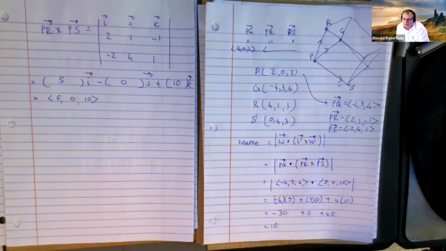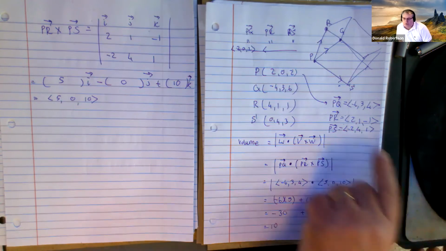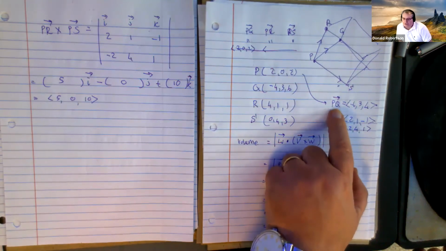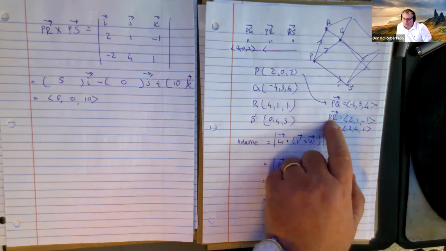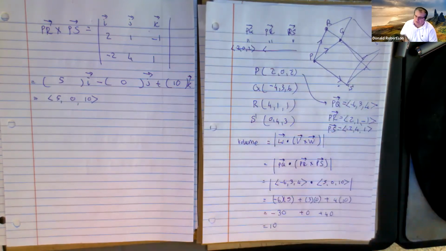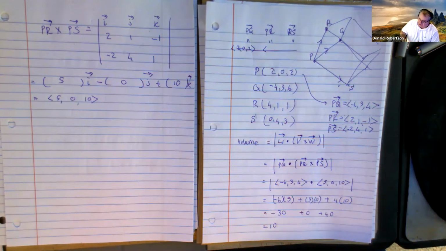So it's not that important that you remember which one goes first, second, or third. What does matter, however, is that they all must start at the same point. So you noticed I started at P to Q, P to R, and P to S. That is important, because you have to project from a single point.